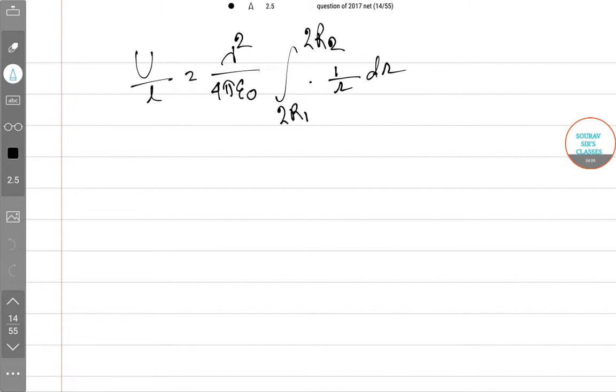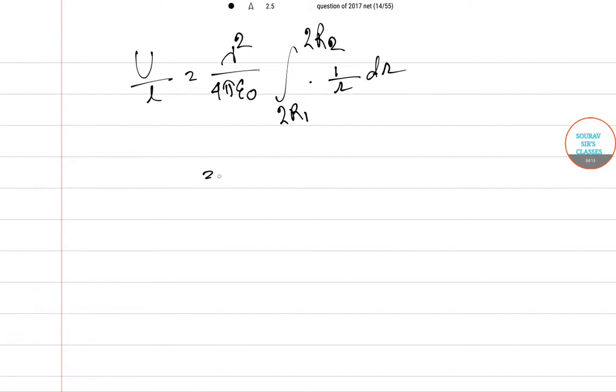So if we calculate the integration, this equals lambda square divided by 4 pi epsilon 0, this is the constant term, and here dr by r is equal to log r.